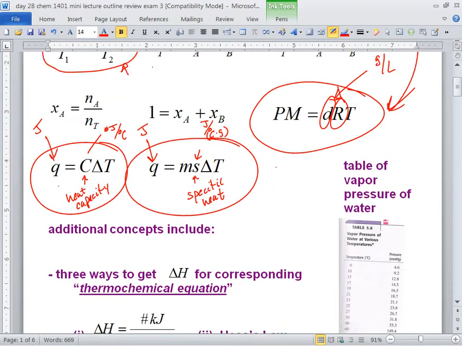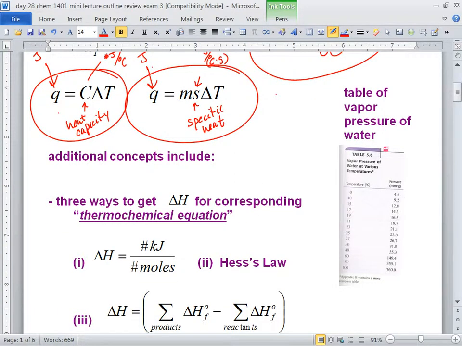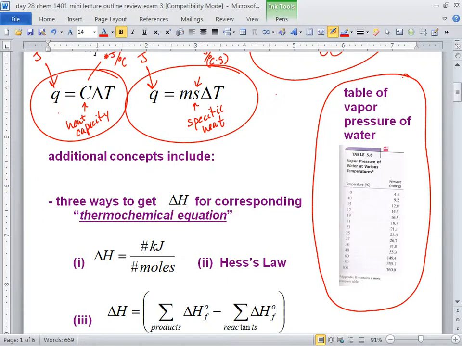Okay. Oh, we moved off of gases too quick because we used this, a table of vapor pressure of water. Steph, when did we have to use a table of vapor pressure of water? You're collecting a gas over water.